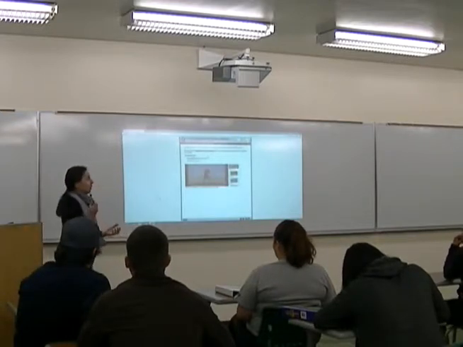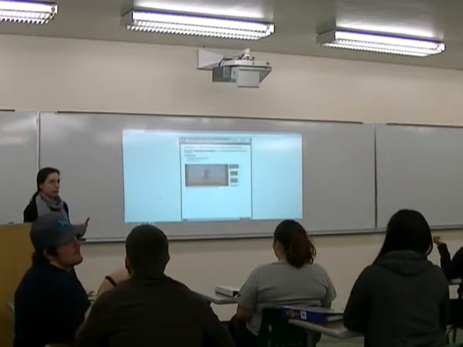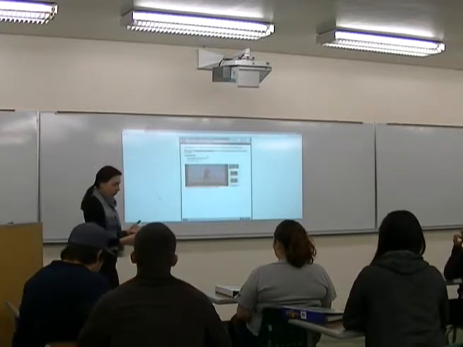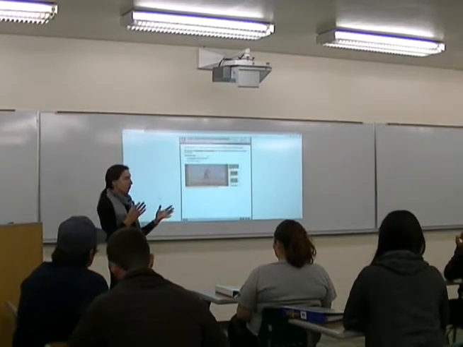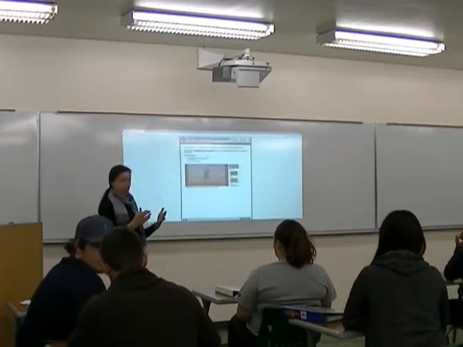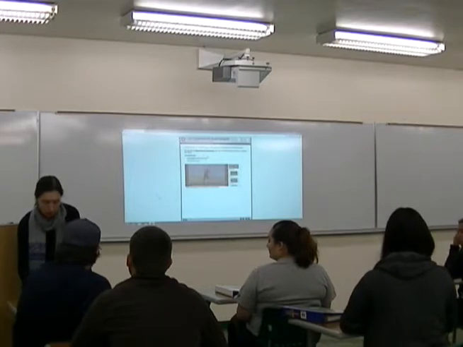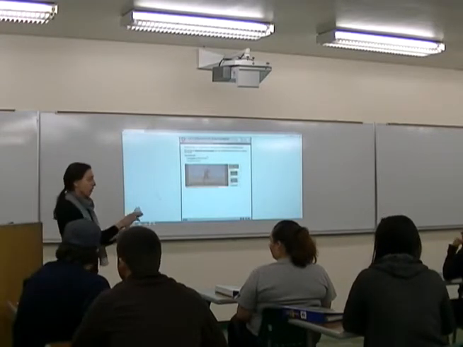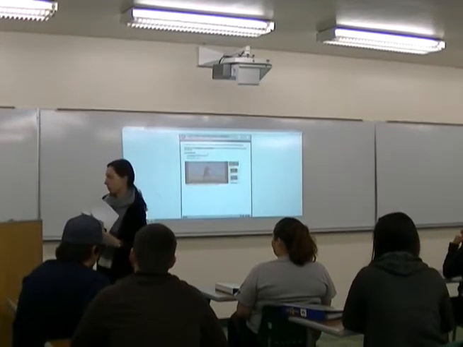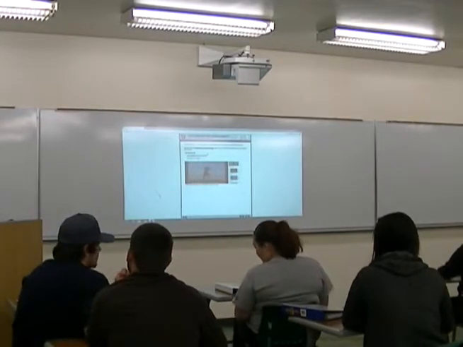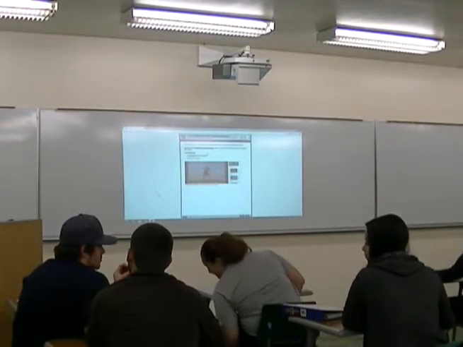All right? So I want you to work with a partner today, and I've got a couple of things that I want you to be doing. I'll put them up on the board so that you have the list.